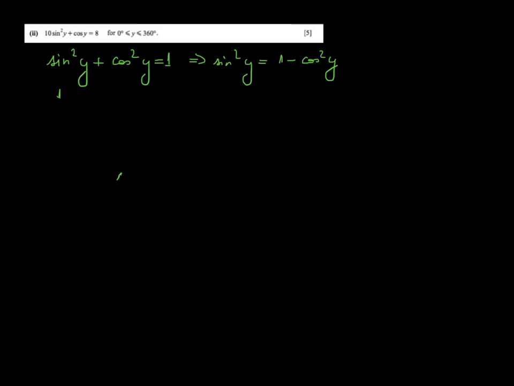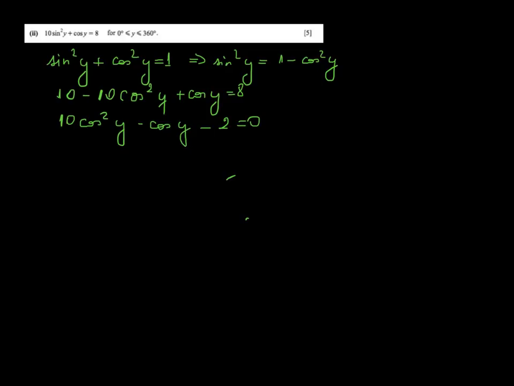10 minus 10 cos squared y plus cos y equals 8, or equivalently 10 cos squared y minus cos y minus 2 equals 0.